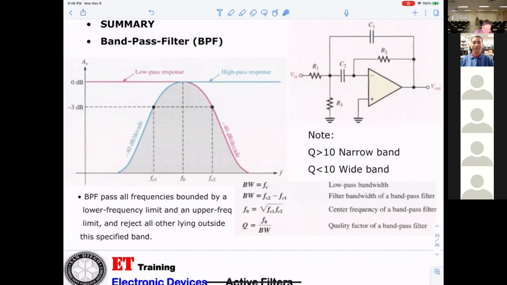And also, they talk about Q, the quality, equal to F0 divided by the bandwidth. How good that filter is supposed to be.